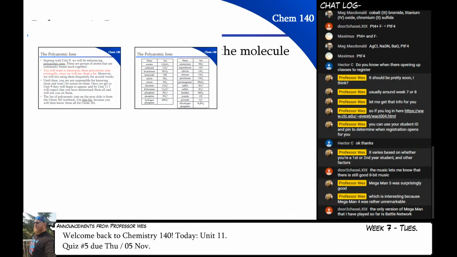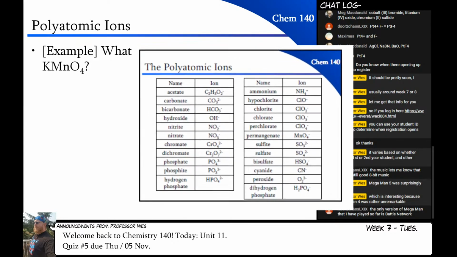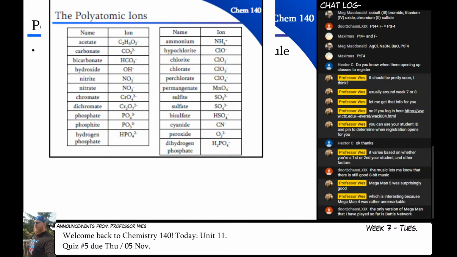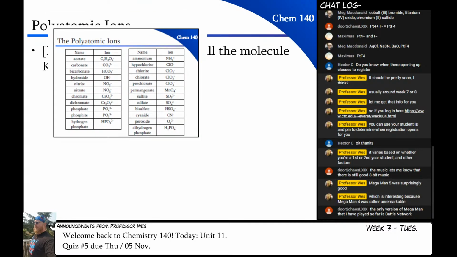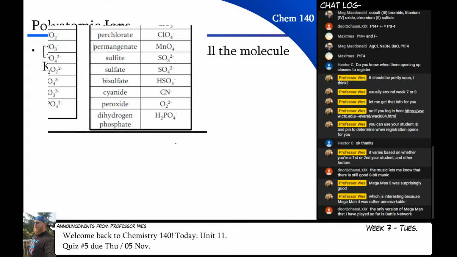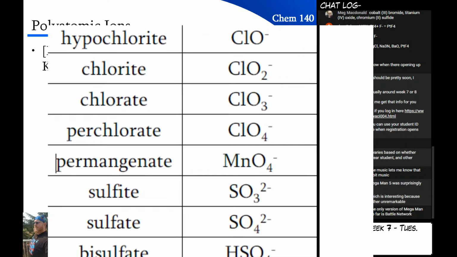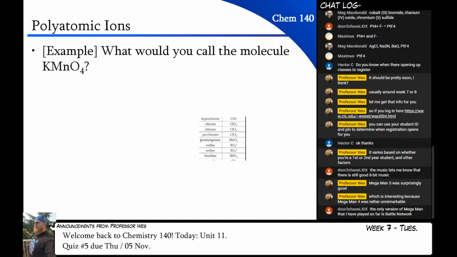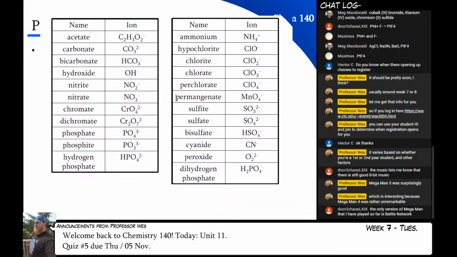I actually don't know what the resolution on this is going to be when I blow it up, so in fact, it may be unreadable. That's not great. Give me a second. Hold on. Why isn't it working? There we go. Now it should be readable.